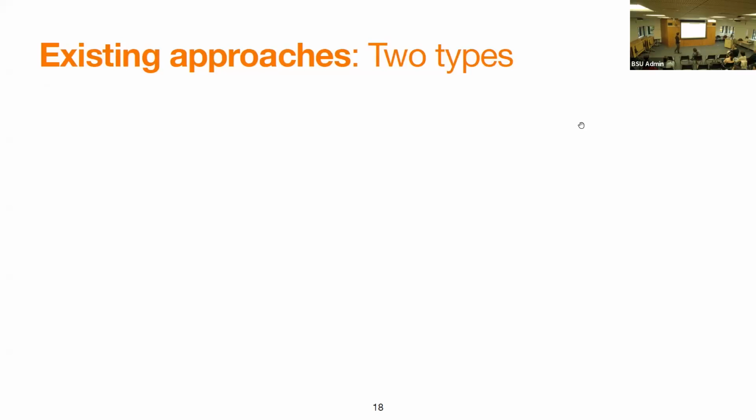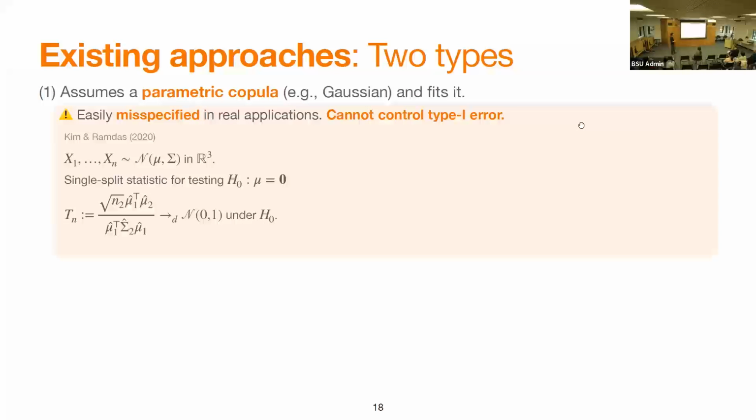Okay, so this unknown copula is basically the main issue, and this is well known in the literature. In the existing literature, there are two types of approaches, depending on how they address this unknown dependency or copula issue. The first type of approach is to assume you have some parametric copula, fit your data, and then proceed with the fitted copula. For example, you can use a Gaussian copula, but it's fairly easy to construct examples where the copula is some monster.